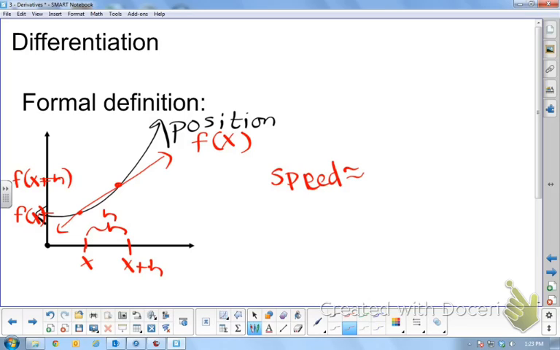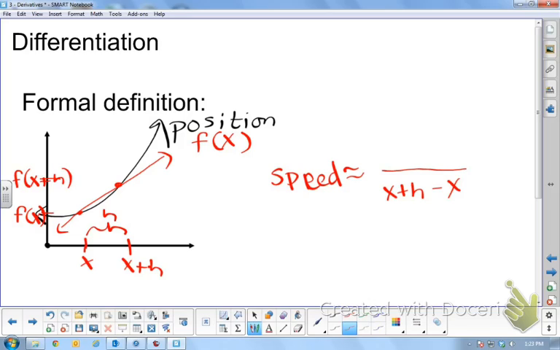So we said the slope would give us the speed. And we said slope is the y values over the x values. So what should our formula look like? Eliana, what should this formula look like? y minus y, with what we've labeled: x plus h minus x.